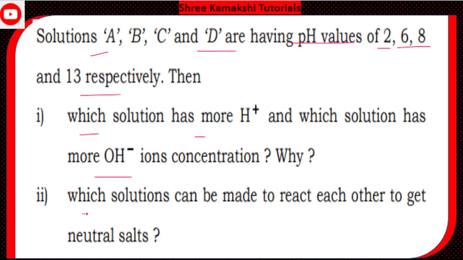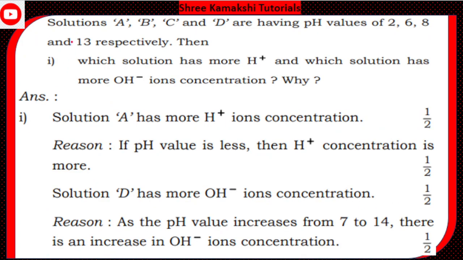Then the second question is, which solutions can be made to react with each other to get neutral salts? The first question is, in the solutions A, B, C and D having pH values 2, 6, 8 and 13, which solution has more H plus and which solution has more OH minus ion concentration?